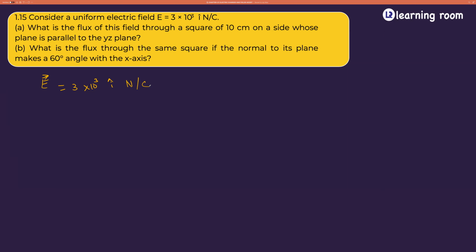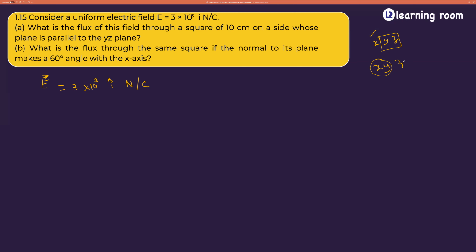Whenever a plane is parallel to YZ plane, what will be the direction of its area vector? It's very simple. If they say YZ plane, if any shape is confined to that particular plane, its area vector will be in this direction. Similarly, if I say something is confined to XY plane, then its area vector will be in the Z direction. That's it. It's very simple.